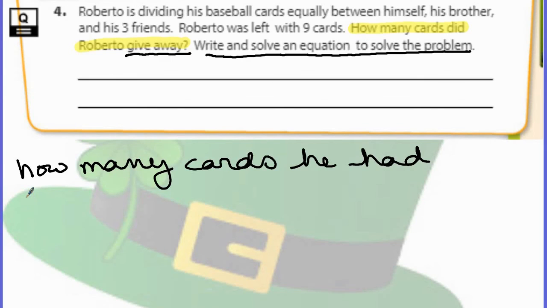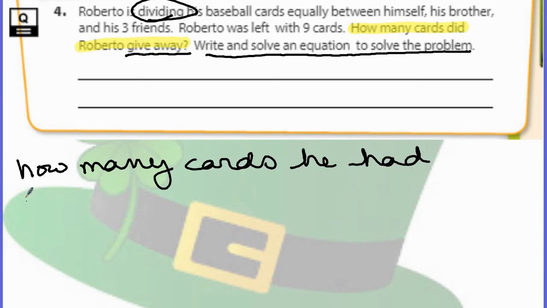And in looking at the problem, I might need to know how many friends he gave them away to, and so on and so forth. So let's take a look at this. Roberto is dividing his baseball cards equally between himself, his brother, and his 3 friends. So we know that he's dividing out the cards.